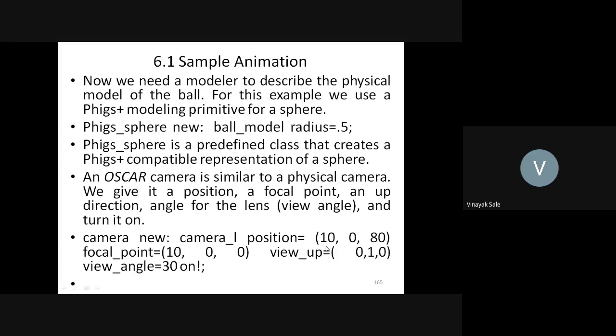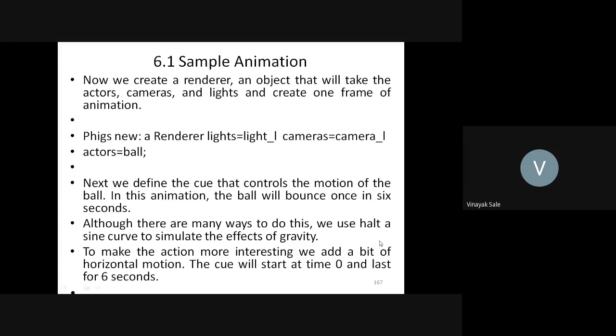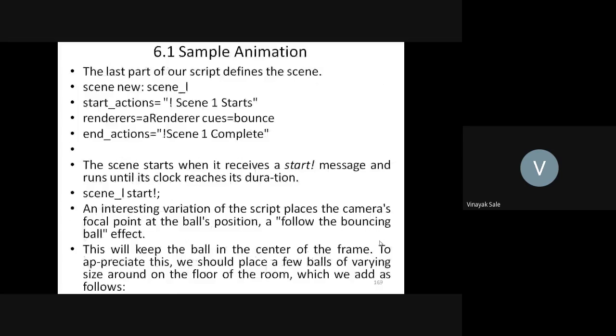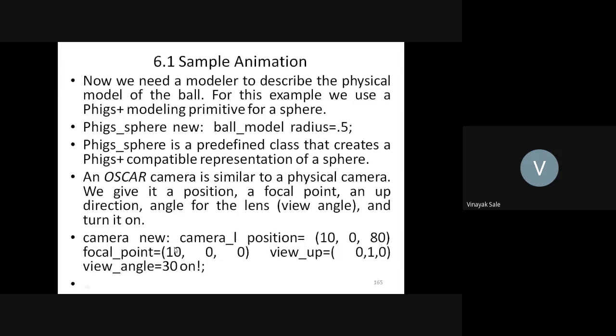So x is equal to 10, y axis is equal to 0, z axis is equal to 80. So focal point is equal to 10 0 0. View up is equal to 0 1 0. View angle is equal to 30, on with x-axis direction.